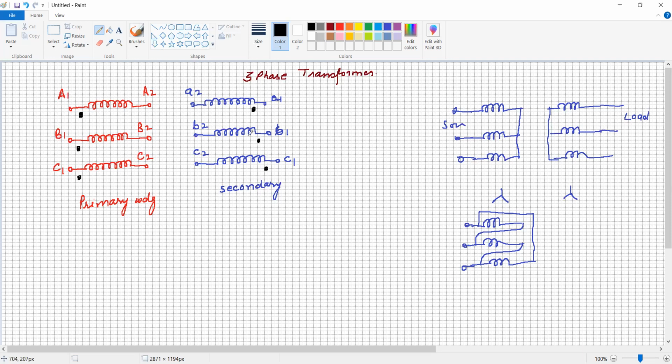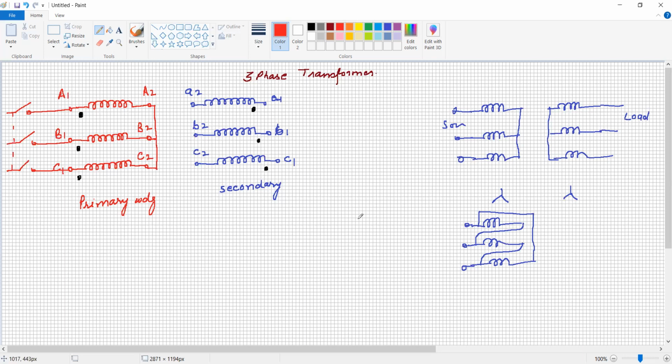To make a proper connection, similar terminals, that is A2, B2 and C2, are connected in star. A1, B1 and C1 are connected to the source, a three-phase balanced supply.